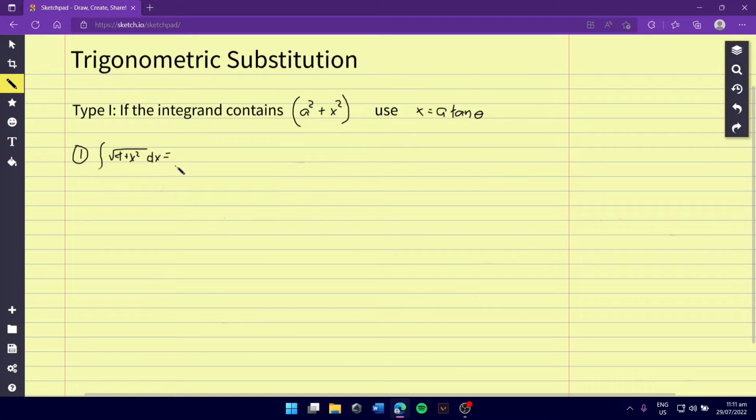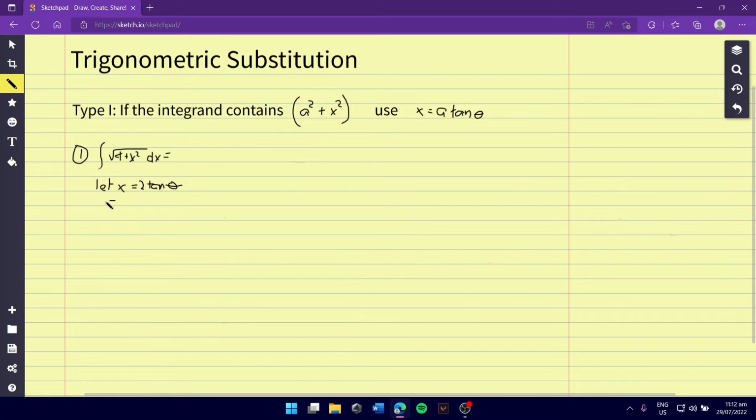So first, we will let x equal to, since here a squared is our 4, the square root of that is a, so the square root of 4 is 2. So we'll put 2 here and then x, and then we will put the tangent of theta.